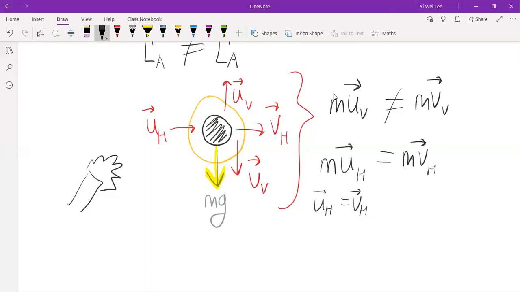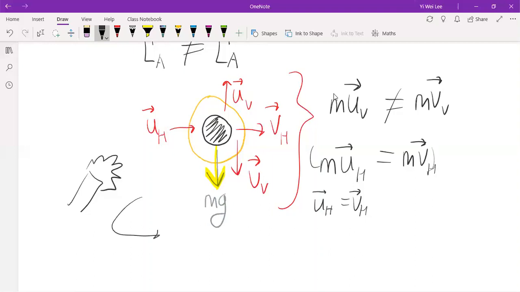However, momentum is conserved perpendicular to that direction. The external force is vertical, so the vertical momentum is not conserved. Since the external force is only vertical, horizontally there is no external force, so horizontally, momentum is conserved.